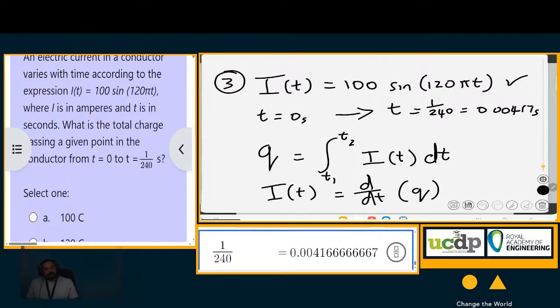Now we are doing the reverse: we need to find the integral of the current to get the charge.